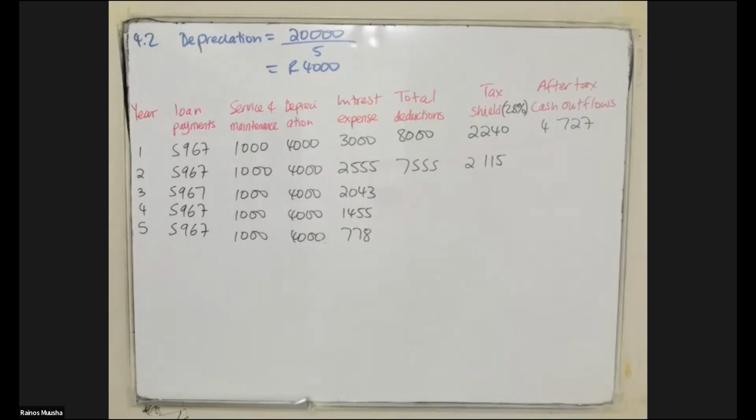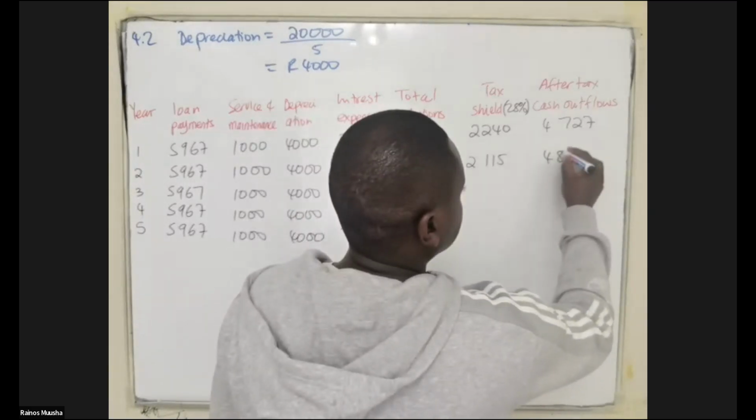Are we getting the same amount? Yes. All right, then how much would we get as the after-tax cash outflows? 4,852.